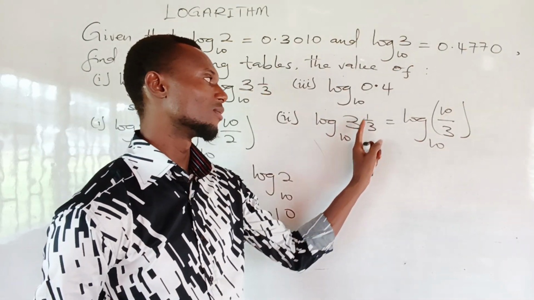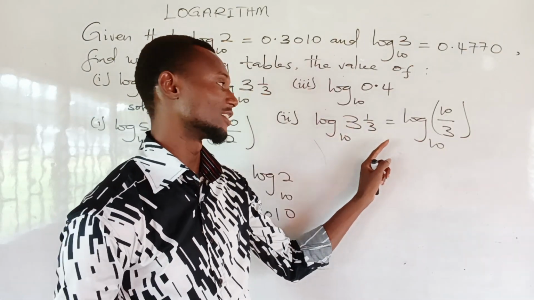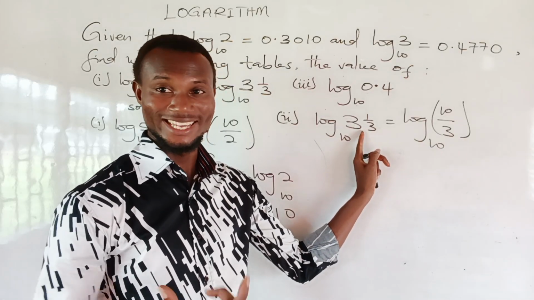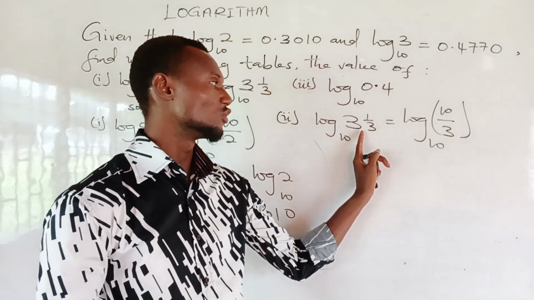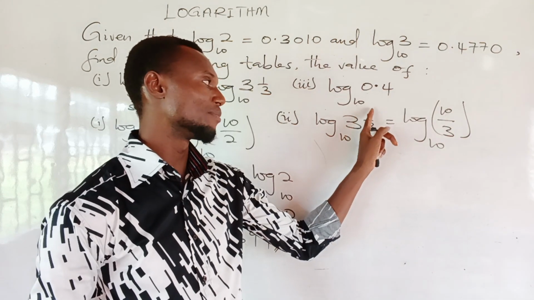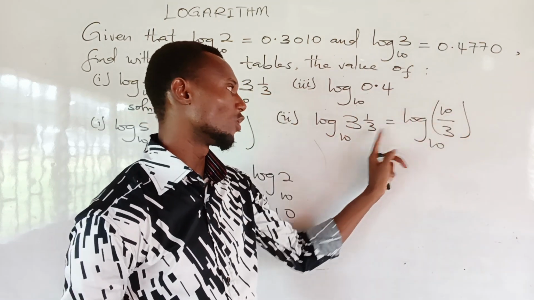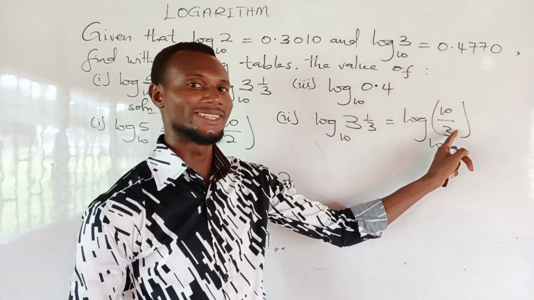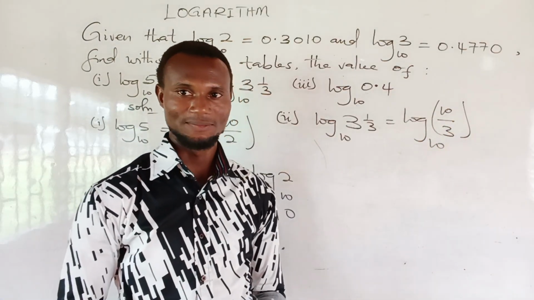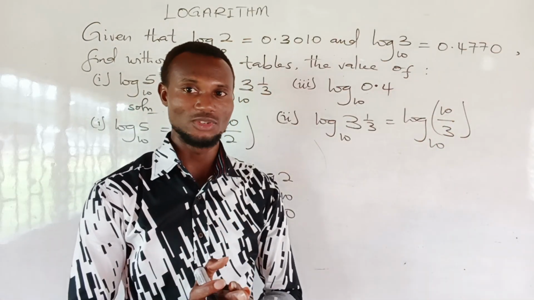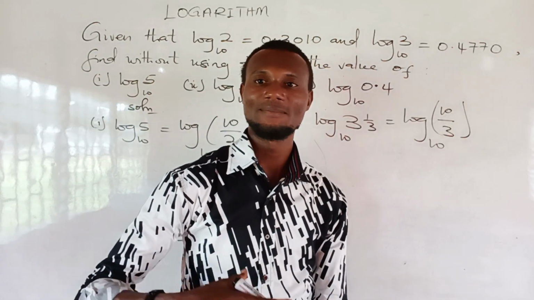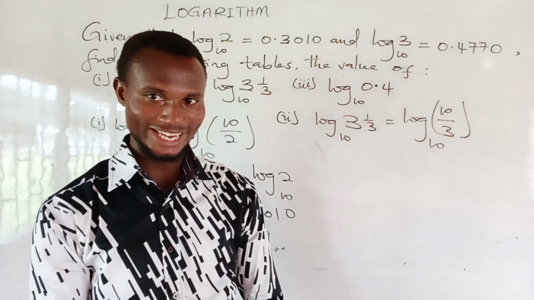The 3 whole number 1 over 3 into improper fraction, you just use the denominator to multiply the whole number. So 3 times 3 is 9, and you add it to the numerator. So 9 plus 1 is 10, so 10 all over the denominator, which is 3. So that's why I have log 10 over 3 to the base 10. I hope you understand up to this point. From here, we are going to apply the quotient rule again.